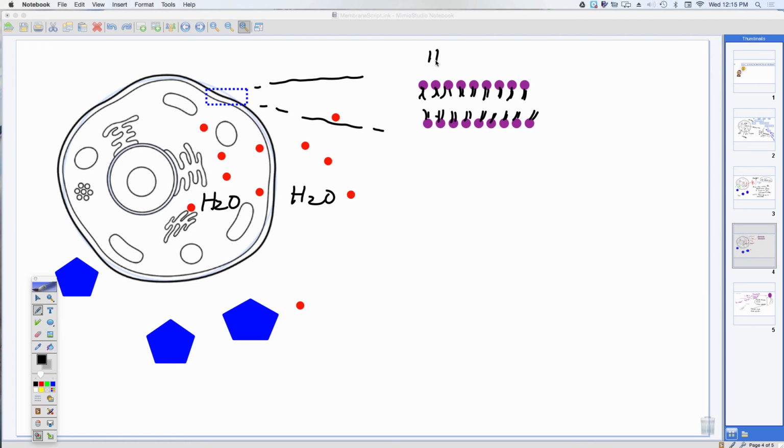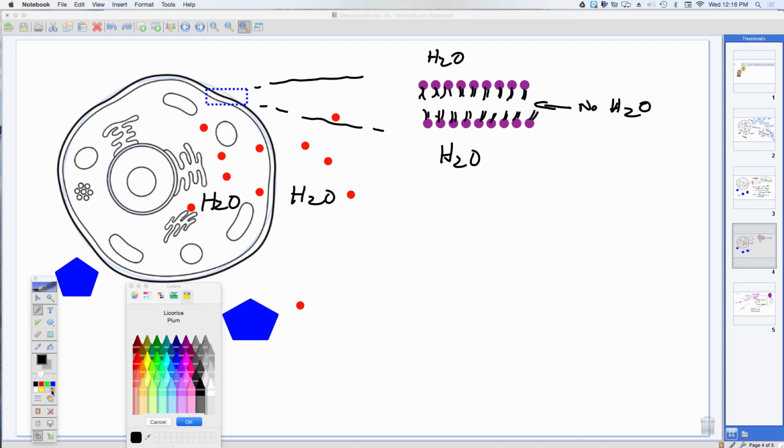So if you think about that, and we take a look at our lipid bilayer, essentially what's happening is water is hanging out on this side, and no water is in the middle.